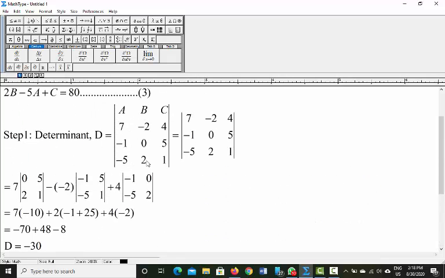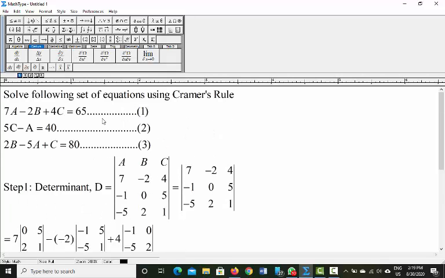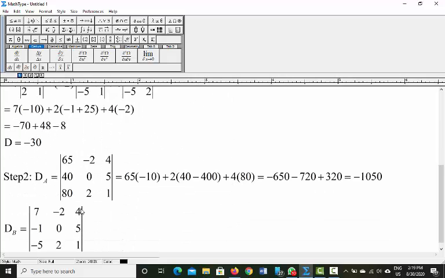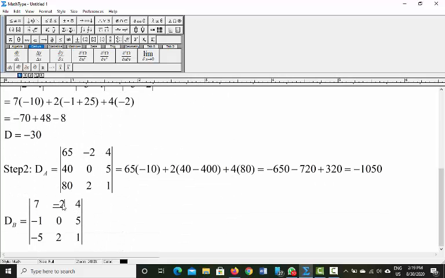The second column is for the coefficient of B. So the second column needs to be replaced by the values on the right hand side of the equation, 65, 40, 80.